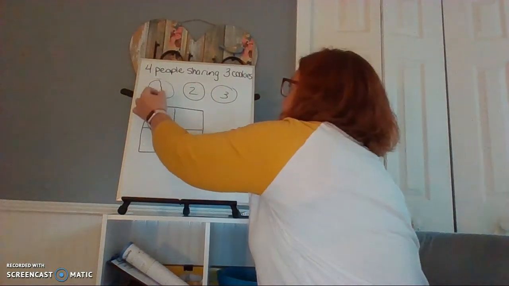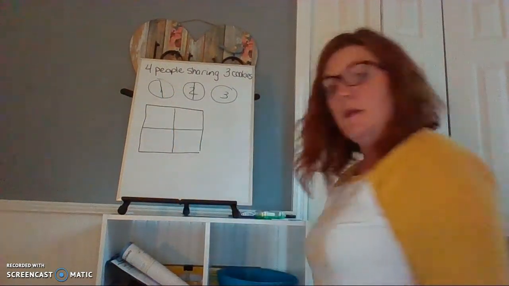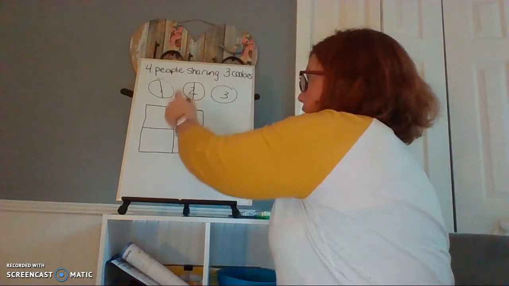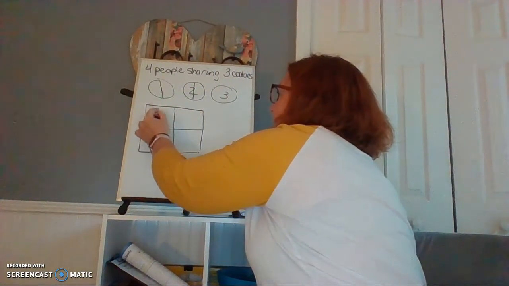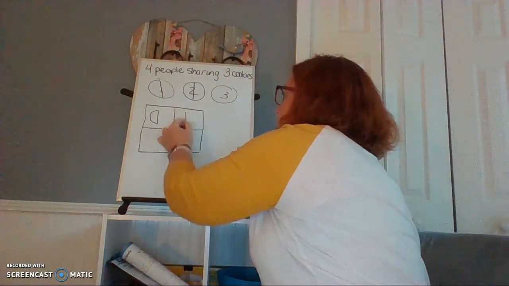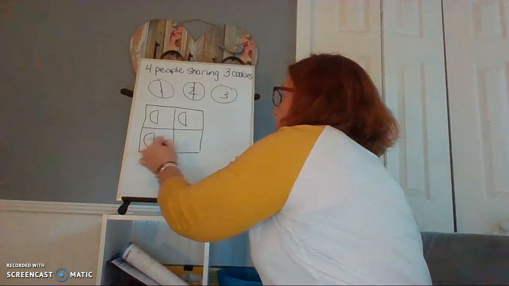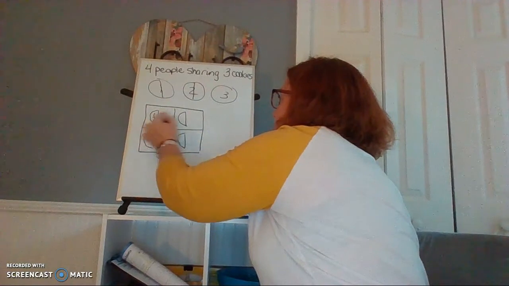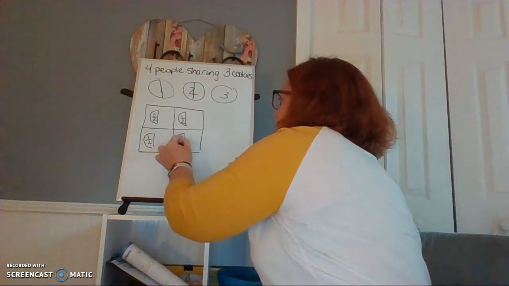We could say, okay, 1, 2, 1, 2, 3, 4. We cut each one of the first 2 in half, so each person would get half a cookie, right? This represents 1/2. So each one would get 1/2, okay?